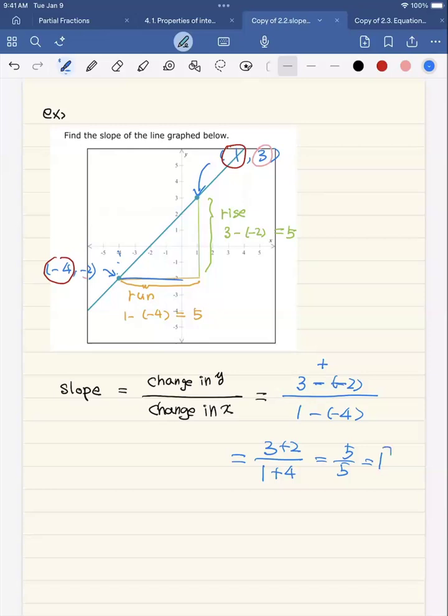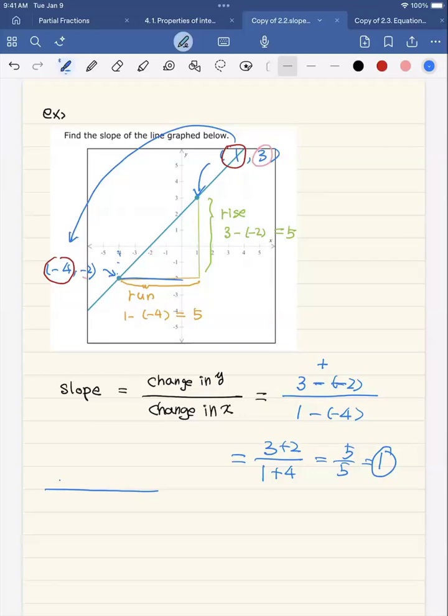So slope is 1. What you are doing is change in y. When you think about the change in y, you will think about one direction. So what I'm saying is change in y over change in x.